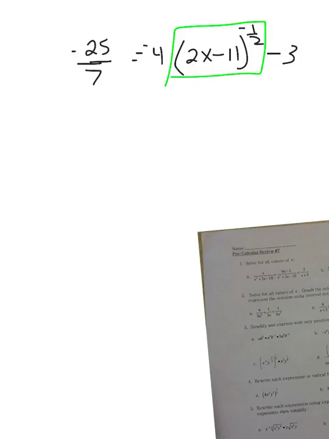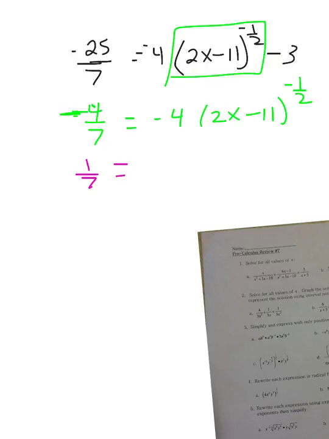Negative 25 over 7 plus 3 is negative 4/7, equals negative 4 times 2x minus 11 raised to the negative 1/2 power. Divide both sides by negative 4, and I get 1/7 equals 2x minus 11 raised to the negative 1/2 power.